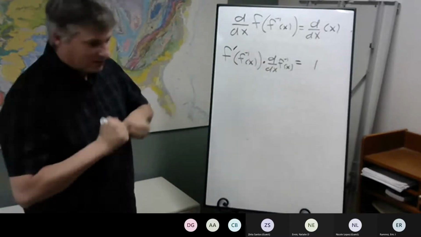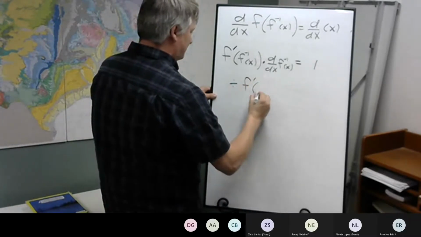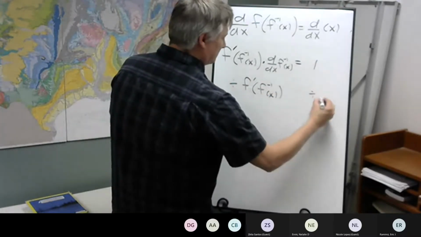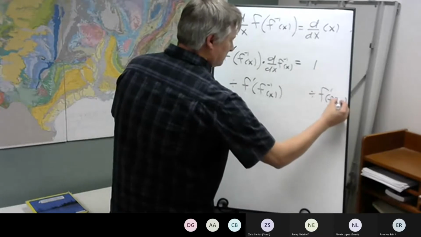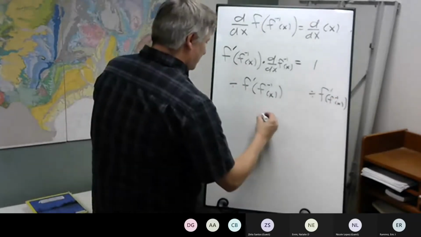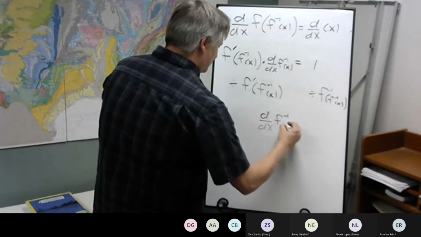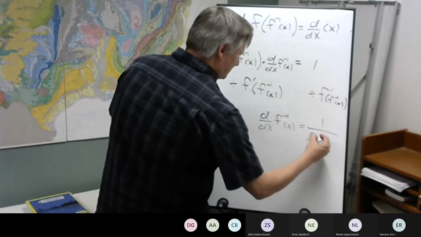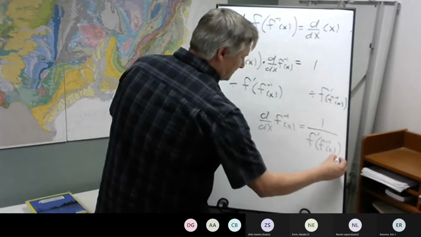Now what we can do, we'll divide both sides by f prime of f inverse of x. So this will cancel. And we're going to get that d/dx of f inverse of x is 1 over f prime of f inverse of x.